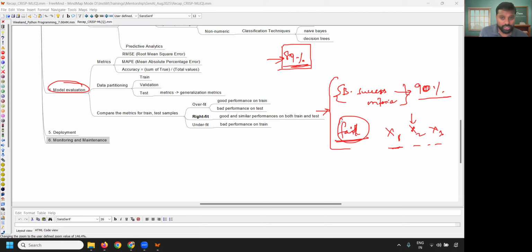Now, based on your solution, when we evaluated the model, you observed that only 89% of students passed. Should I accept your solution? Is it acceptable?